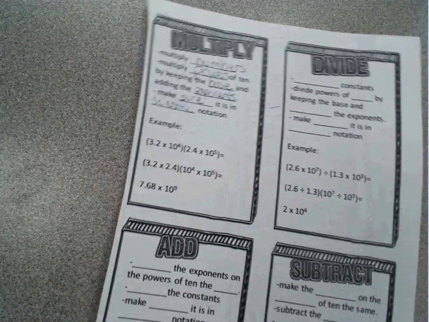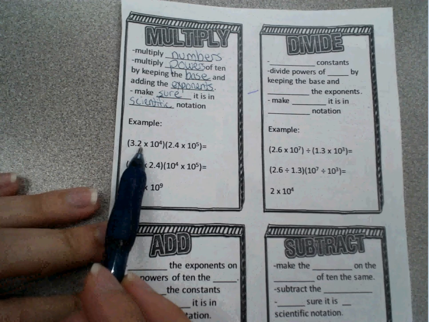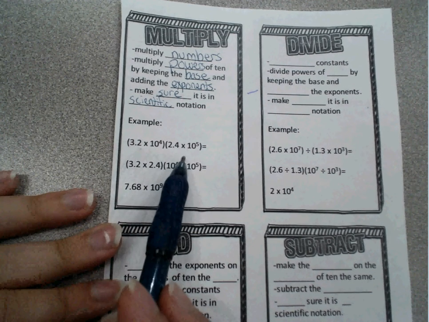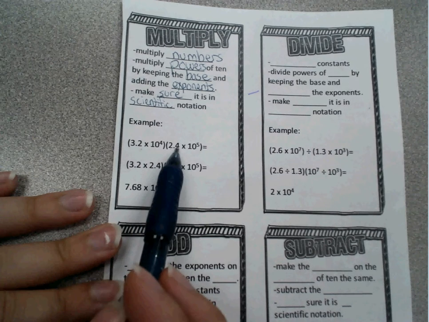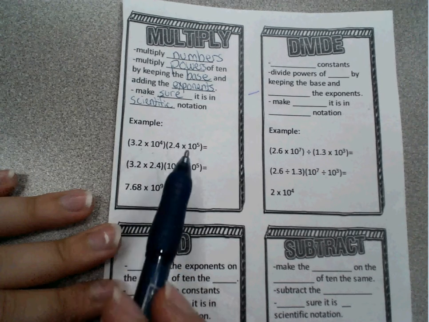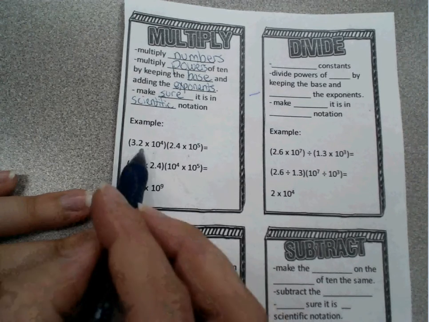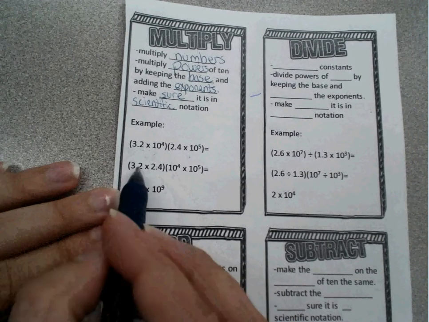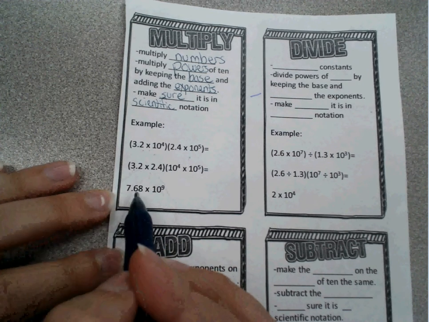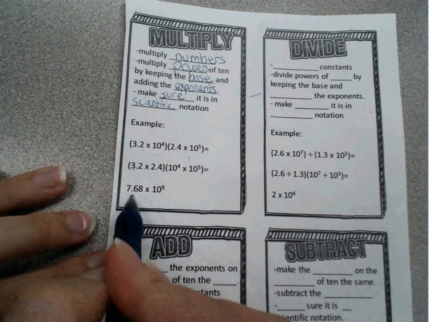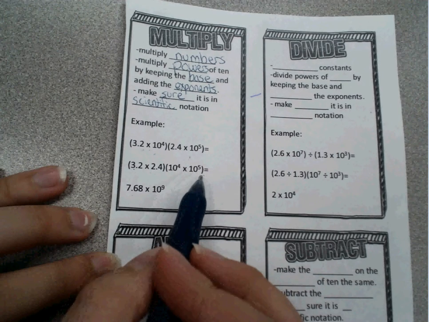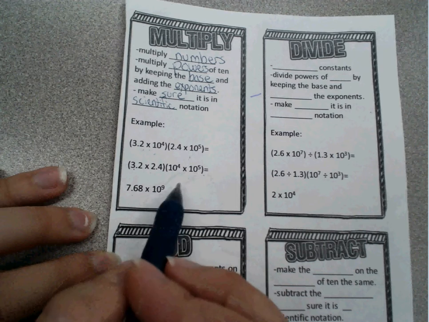And they give us an example here. We don't even have to write it down. If we were to do 3.2 times 10 to the 4th power times 2.4 times 10 to the 5th power, we're multiplying because they're right next to each other. We multiply the numbers, 3.2 times 2.4, and we get 7.68. Then add the exponents: 4 plus 5 is 9.